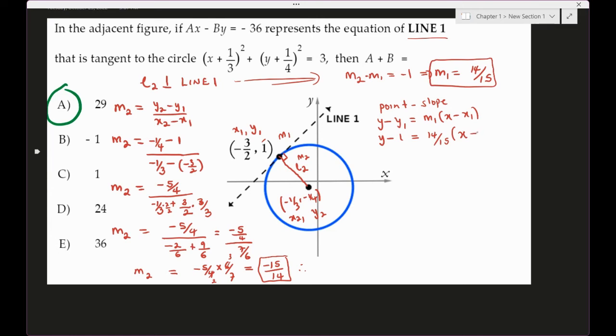So this will be minus minus, which becomes plus 3 over 2. I hope you know why: because x1 is negative, so minus minus becomes plus.